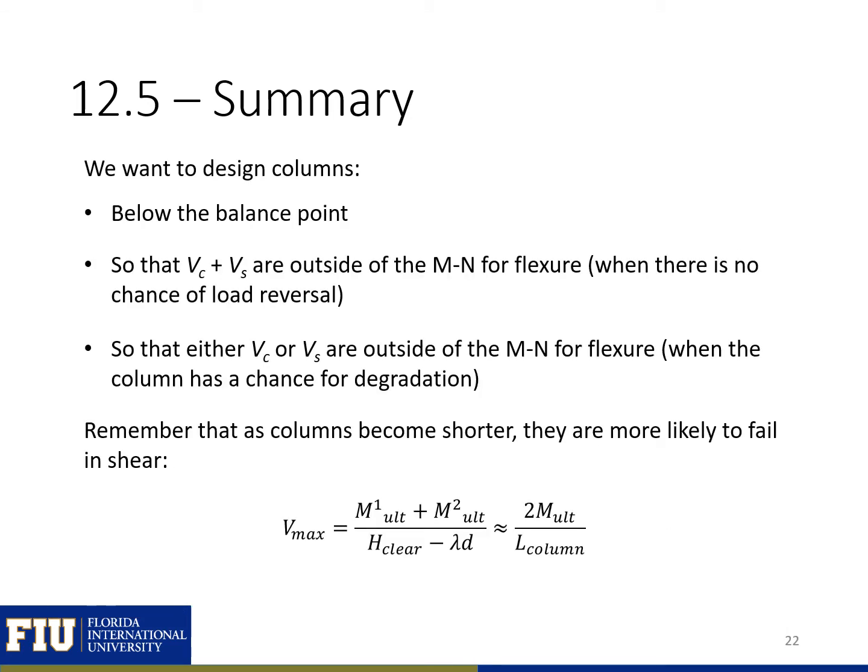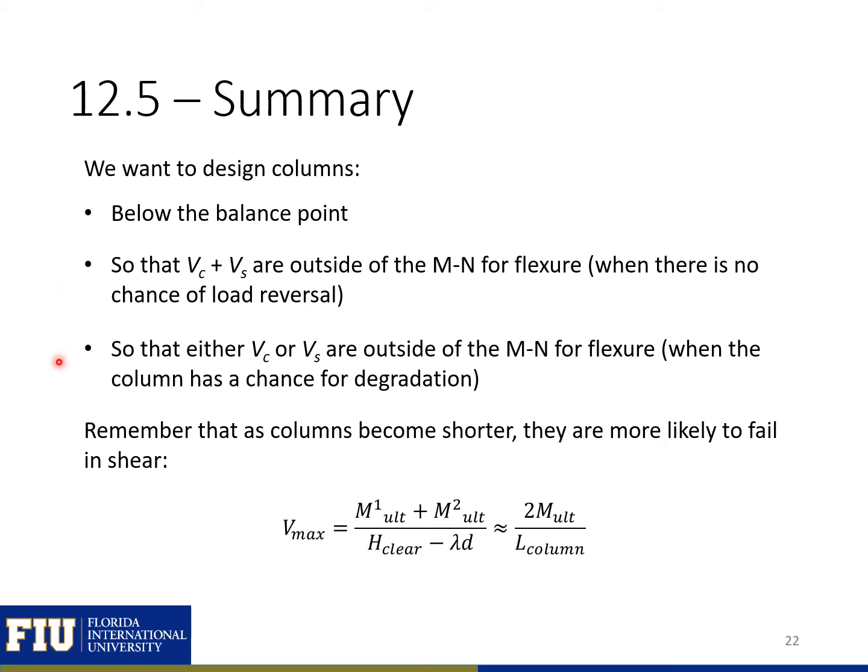With these things in mind, some good design principles are: we want to design our column to be below balance. We want to design our column such that our V sub C plus V sub S are outside of our M-N diagram for flexure when there's no chance of load reversals, and that way we can ensure shear doesn't control.